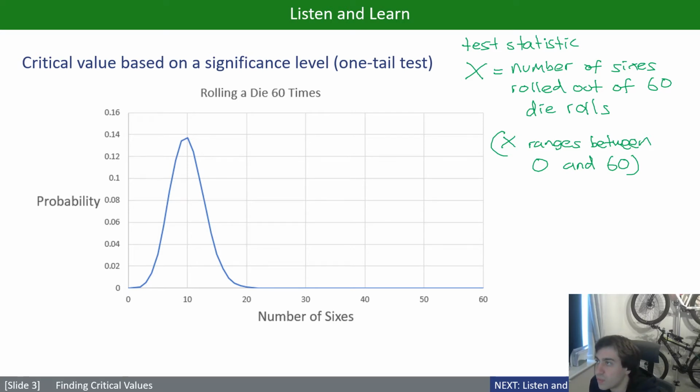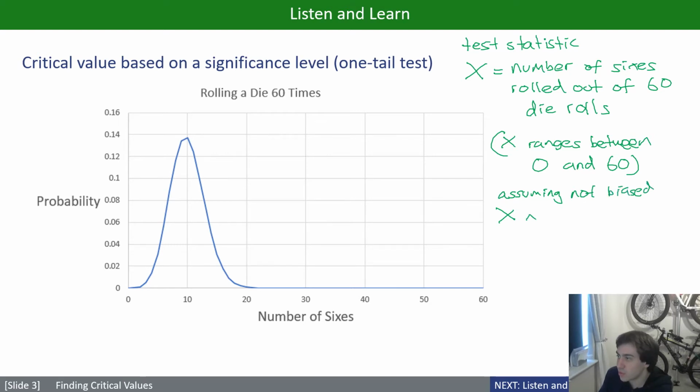And what is the distribution in this case? Well, by default, if we assume it's not biased, we're going to write the following.